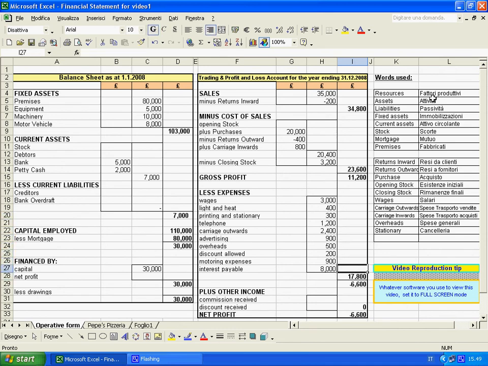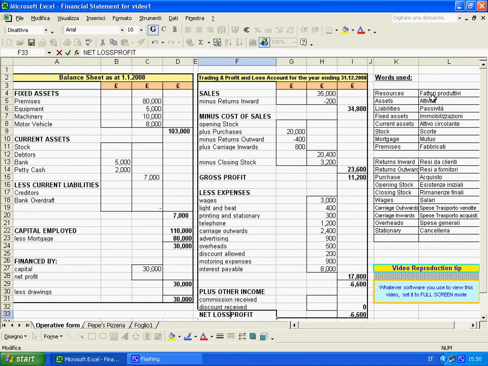If we subtract this figure from the gross profit, we have a negative value of £6,600. So at the end of the year, the result we have here is not a profit but a loss.